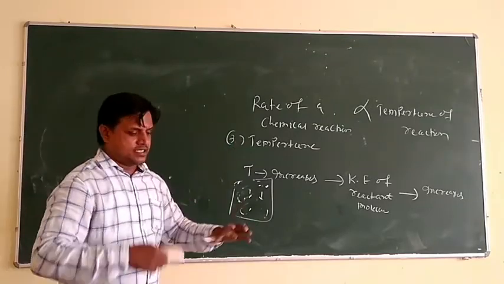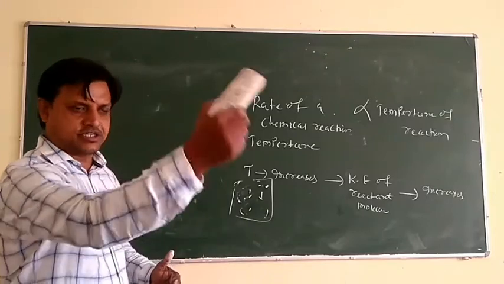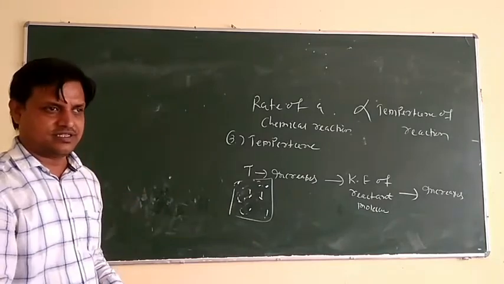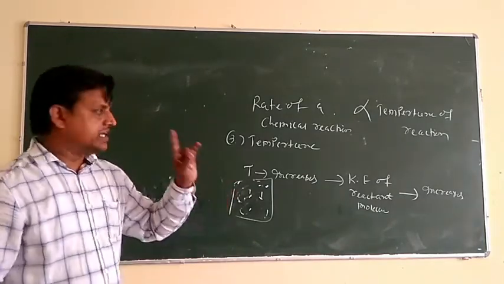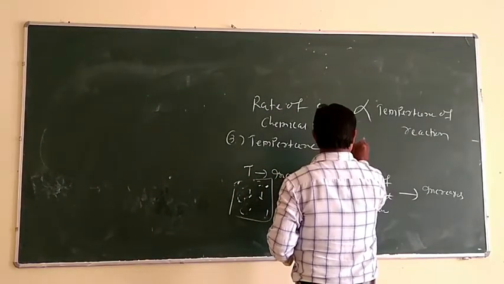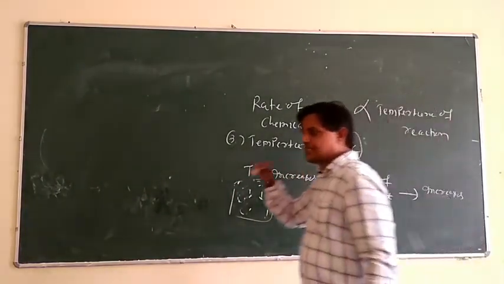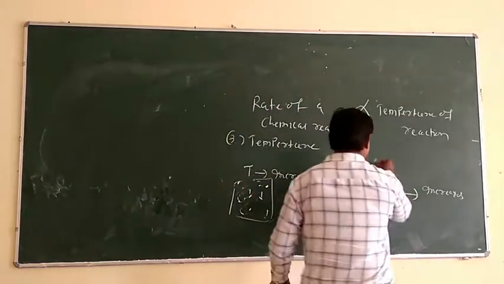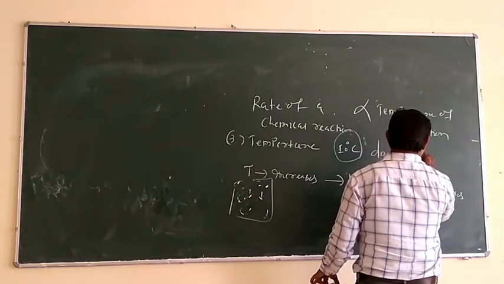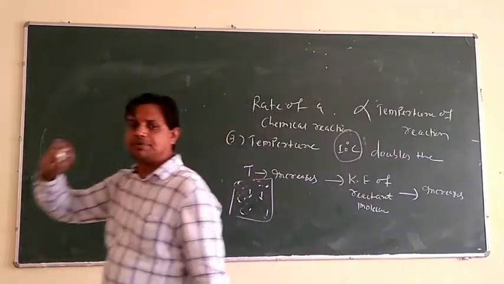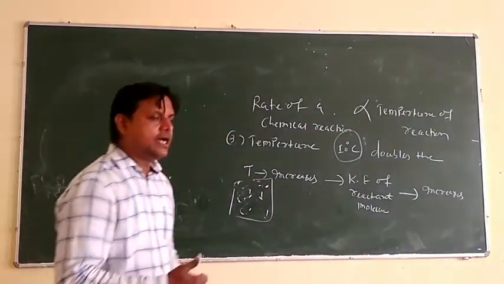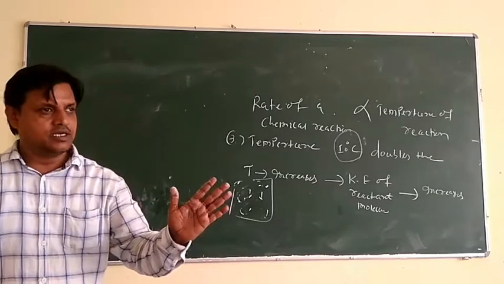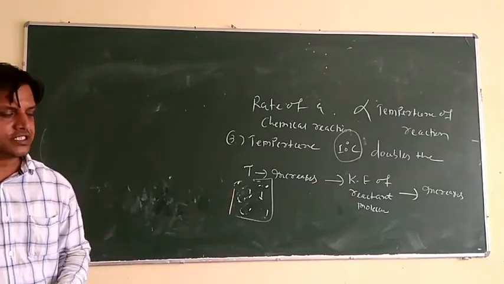Experiments show that for every 10 degree rise in temperature, the rate of reaction doubles. We can say that the rate of reaction is approximately double for a 10 degree rise in temperature.